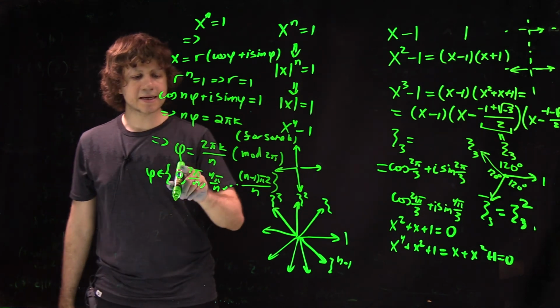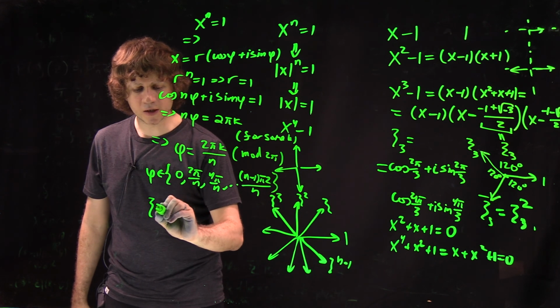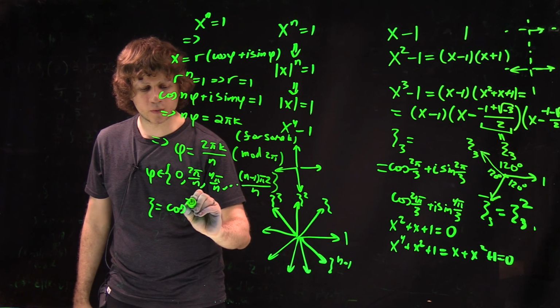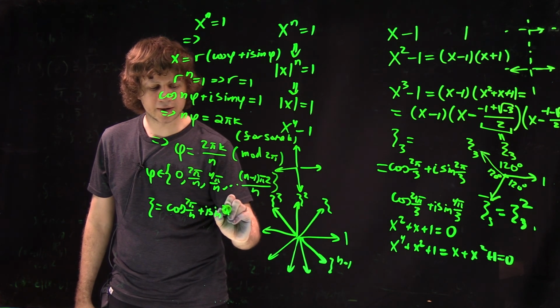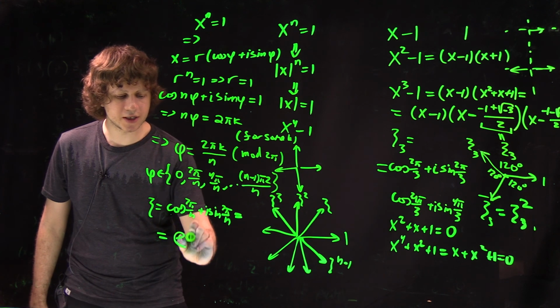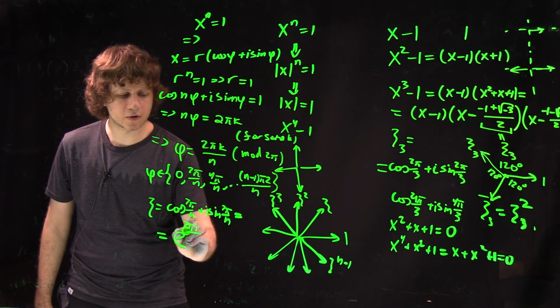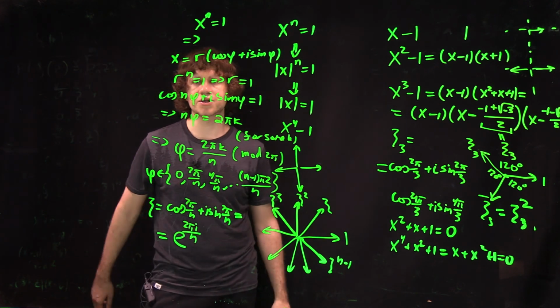So let's take the one which has the smallest argument. Let zeta be equal to cosine 2 pi over n plus I sine 2 pi over n. It has another expression: you can write it as e power 2 pi I over n. And this is probably the most convenient notation for a root of unity.